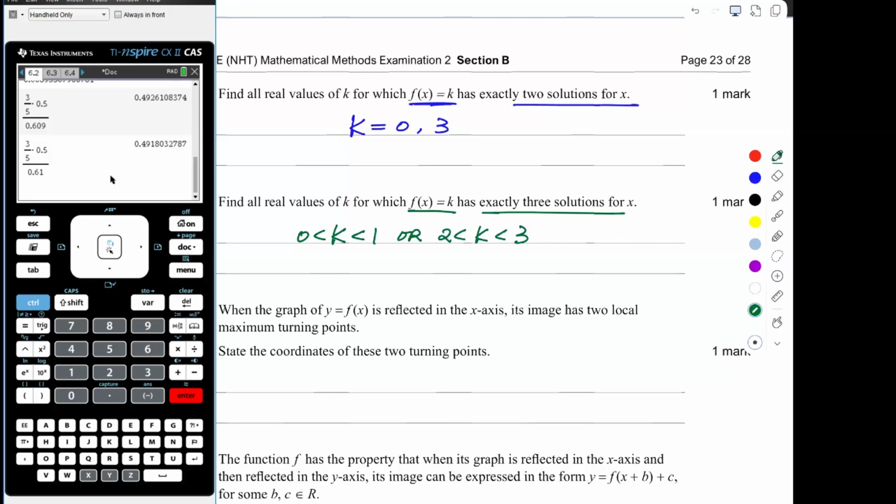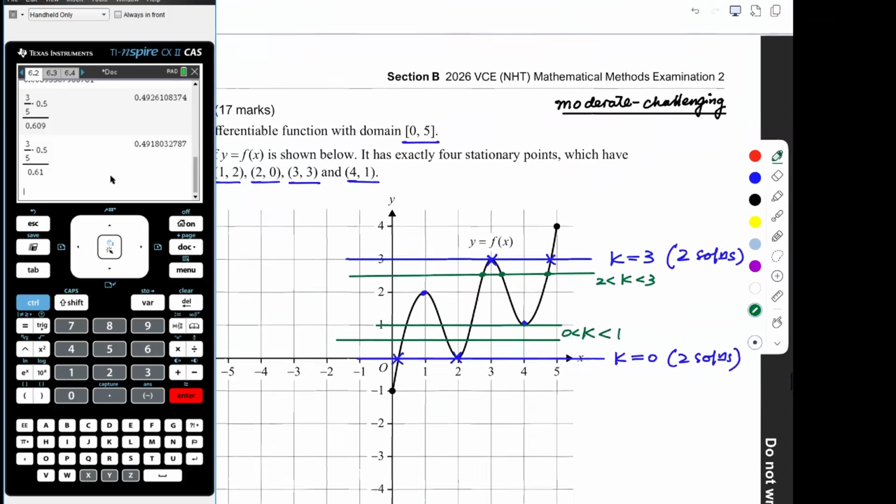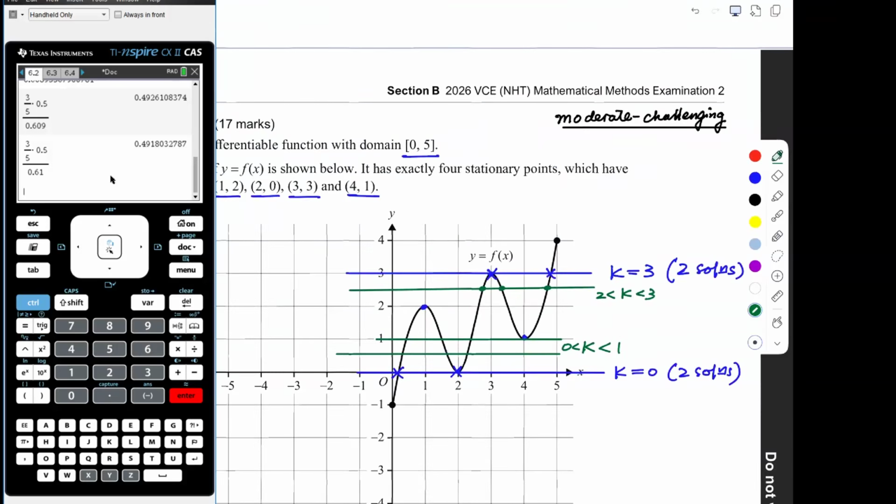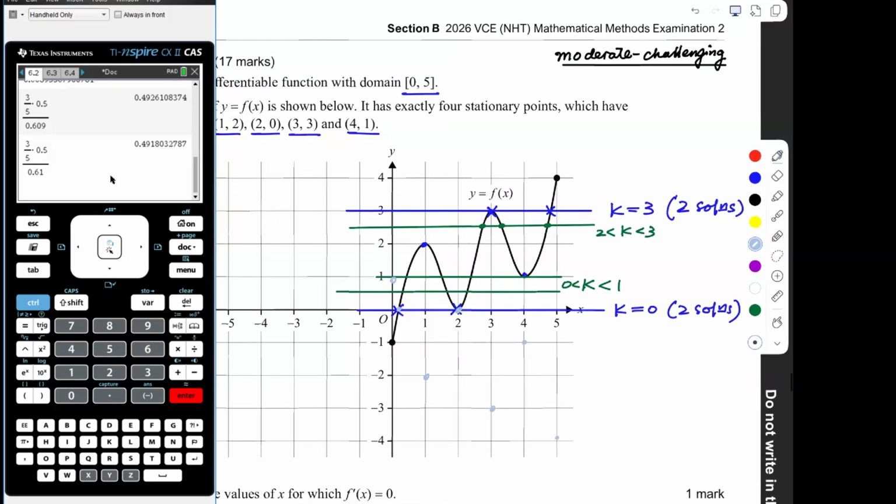Okay. When the graph of y equals f of x is reflected in the x-axis, its image has 2 local maxima. So if it's reflected in the x-axis, we want the 2 local maxima. Well, you could get a graph like that, and like that, and like that, okay? So something like this.